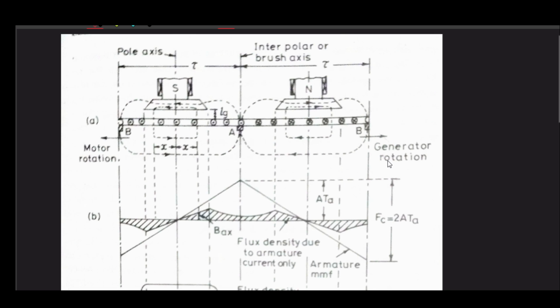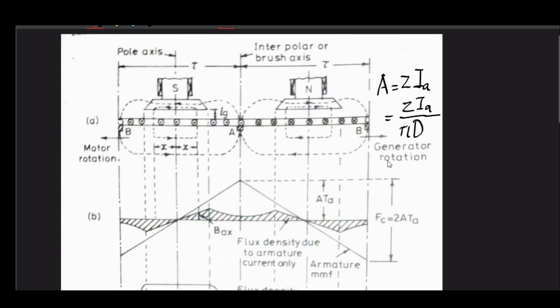Now here what you will see, that the total armature electric loading, we can define it for unit length across our armature periphery, and that will be ZIA divided by pi d.